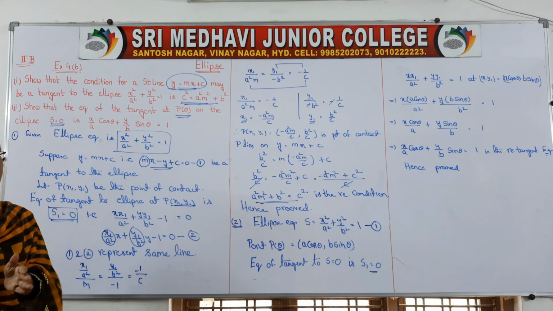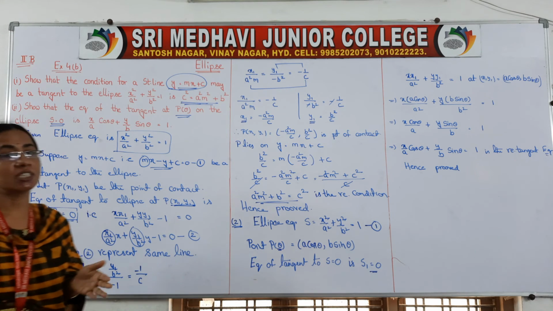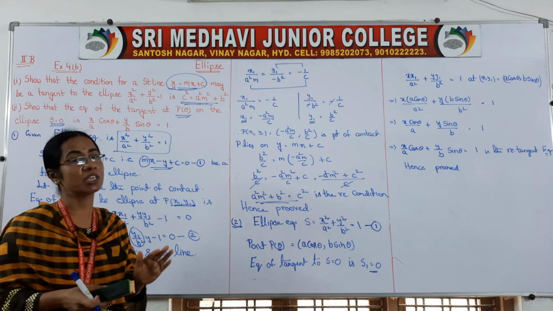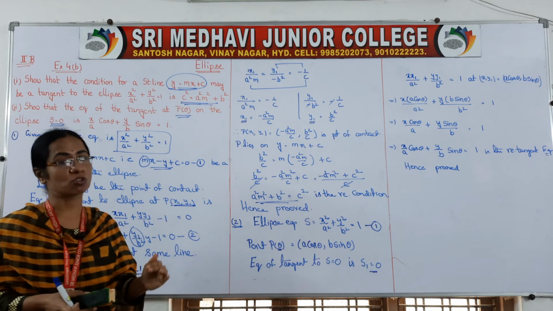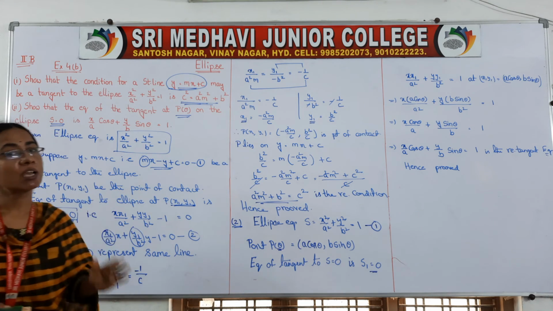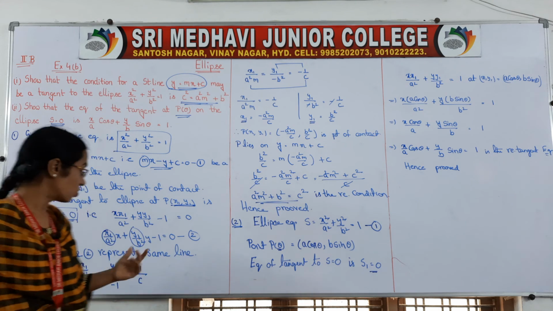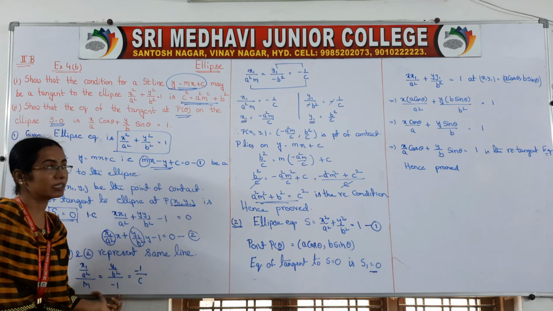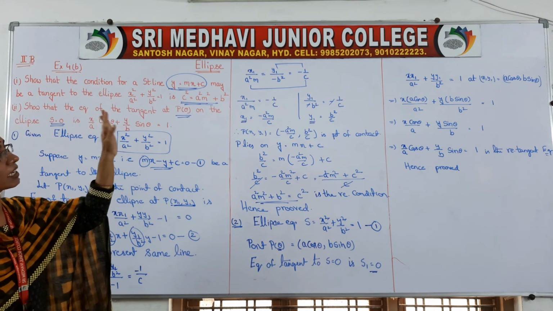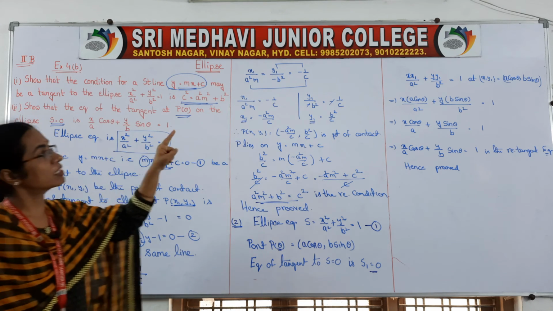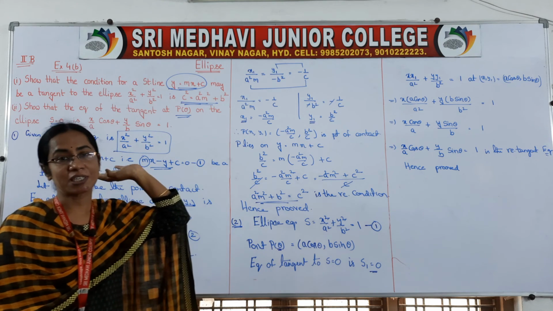If both represent the same line, we have to equate x coefficient by x coefficient, equal to y coefficient by y coefficient, equal to constant by constant. Like that I have taken, and I got x1 by something equal to y1 by something equal to constant.